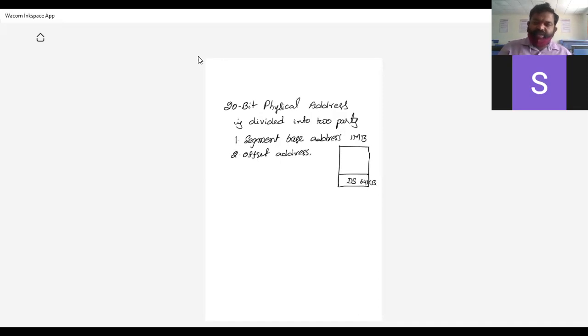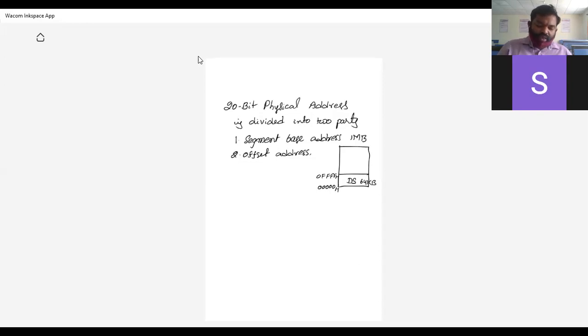So initially what will be the address? The first memory location address is 00000H, hexadecimal. You convert the same, the 20-bit physical address comes. The last memory location address is 0FFFFH. This is the last memory location address of my data segment.